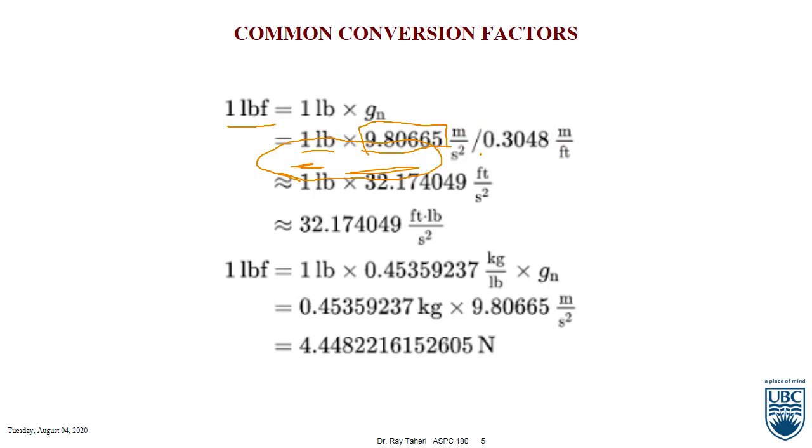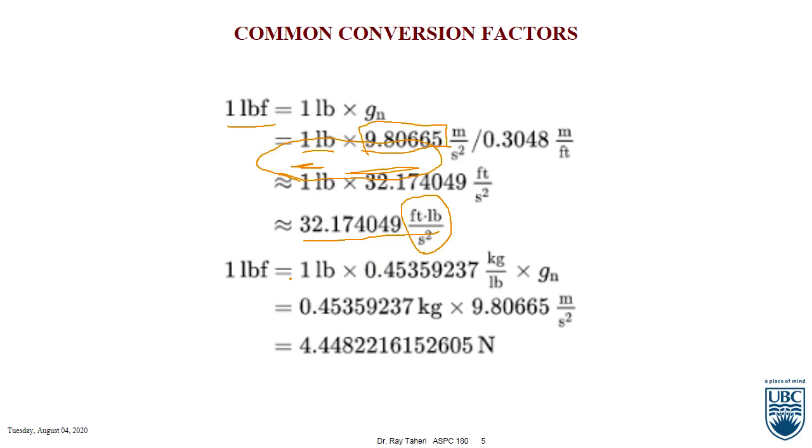You divide by this value because meter is larger than foot, and you get 32.174 foot pound per square seconds.